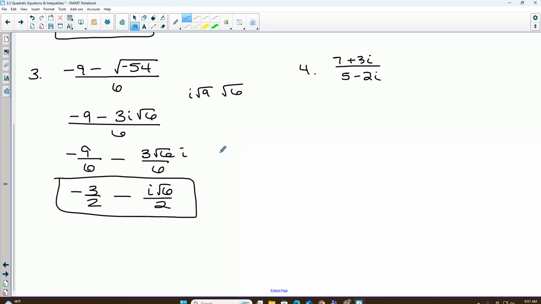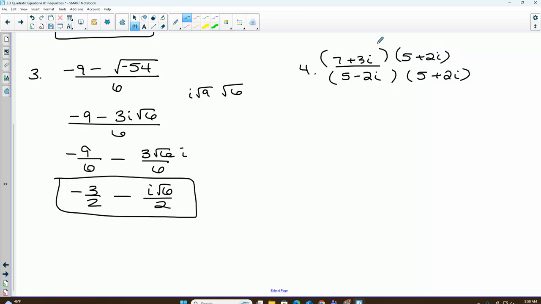Number 4, we can't leave an i in the denominator. I want a plus bi. So what do I need to do? Plus 2i.